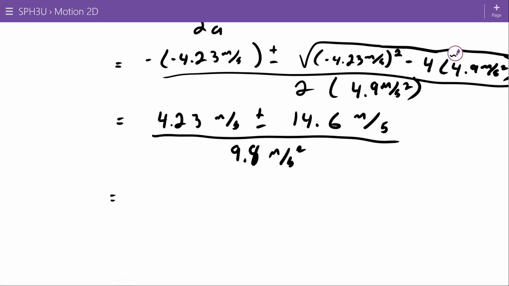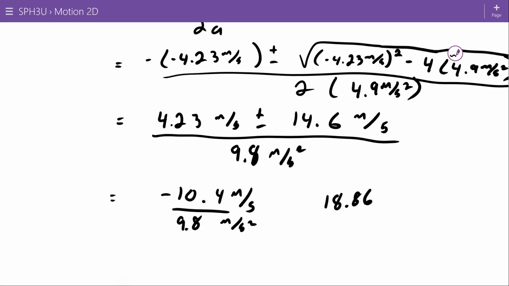So I got negative 10.4 divided by 9.8. That'll turn out to be my negative root. Or 18.86. And that'll be my positive root.